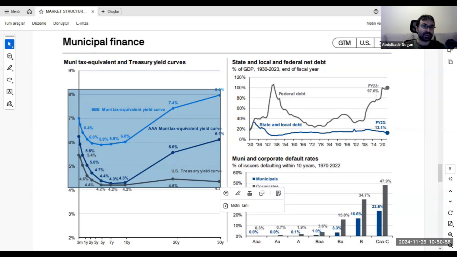And here, state and local and federal net debt. And the net debt in the United States is really high today. It's approximately $35 trillion. And the United States total state, local, and federal net debt, overall debt, is higher than the gross domestic product.